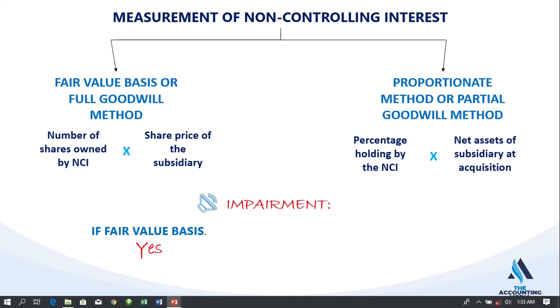So if that goodwill is impaired, the non-controlling interest will also suffer part of it, because the goodwill belongs to both the parent and the non-controlling interest.